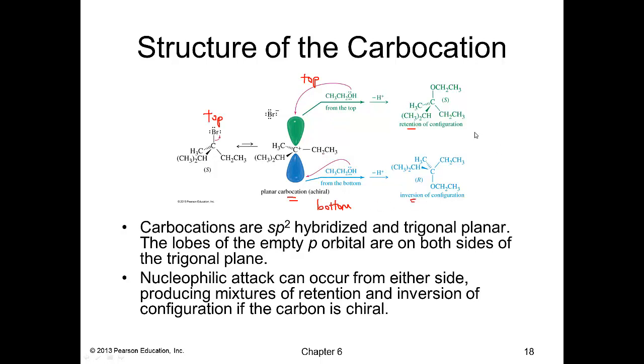Okay, so just remember, I will have two products. That is a key difference for SN1 versus SN2, where we only have one product.